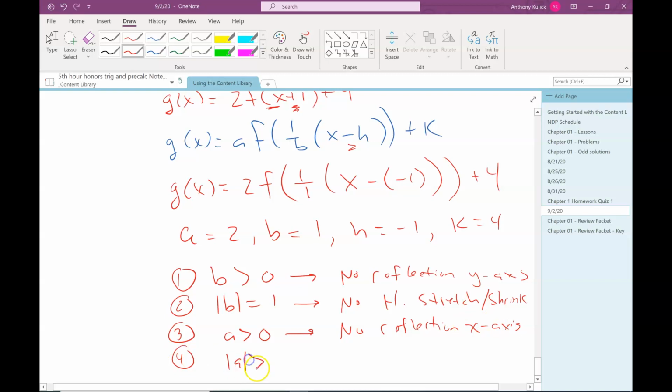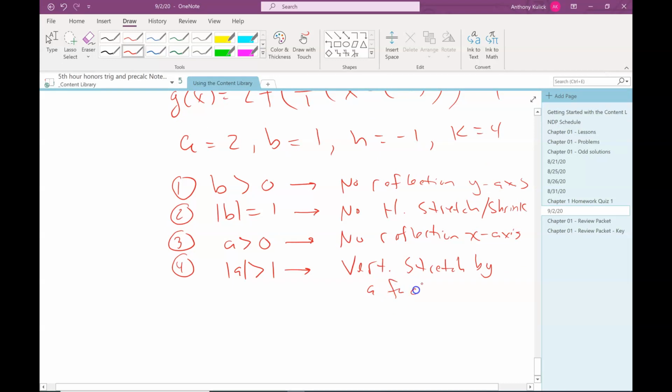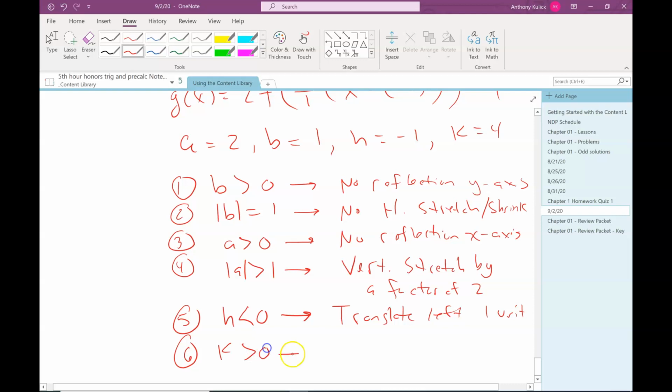And since the magnitude of a is greater than 1, we have a vertical stretch by a factor of 2. And then since h is negative, we translate left 1 unit. And since k is positive, we translate up 4 units.